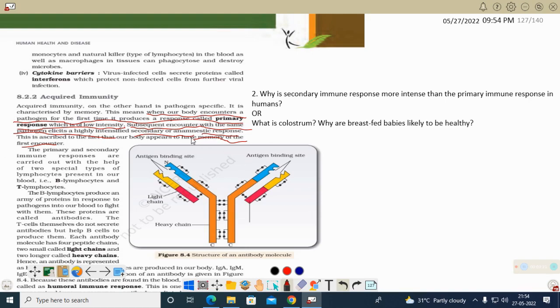So that memory of the first encounter gives the highly intensified anamnestic response. That is the correct answer for this question.